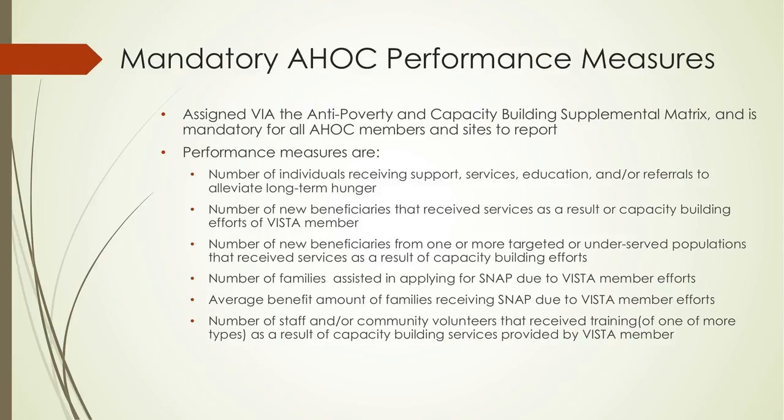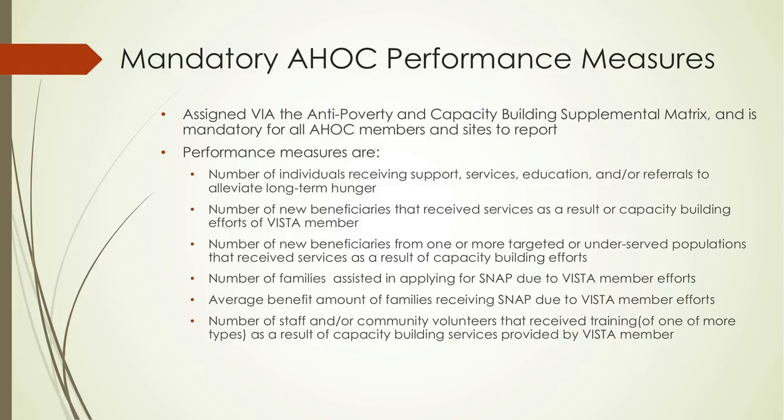So I've noticed with working with a lot of partners that there have been some sites that have difficulty finding out how much money or benefit amount families are receiving from SNAP due to VISTA member efforts. So just try your best to figure out a way to get that information.